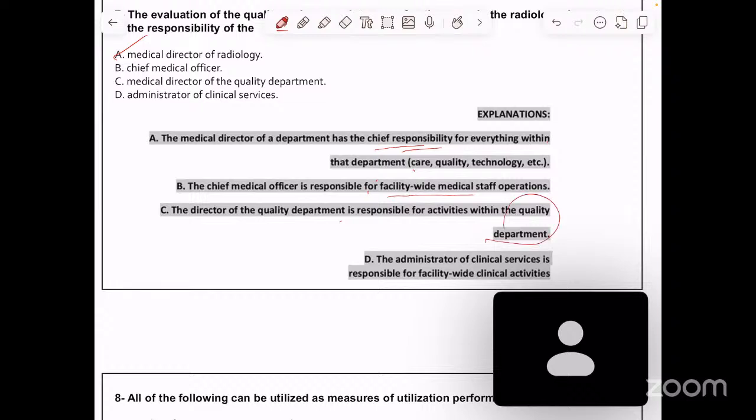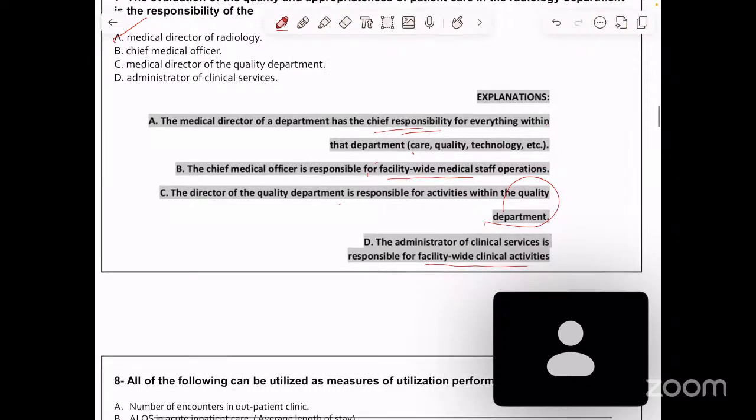While letter D, the administrator of clinical services is responsible for the facility-wide clinical activities, while the medical director of radiology has direct responsibility for overseeing the quality and the appropriateness of patient care within the radiology department. Very good, Radha.